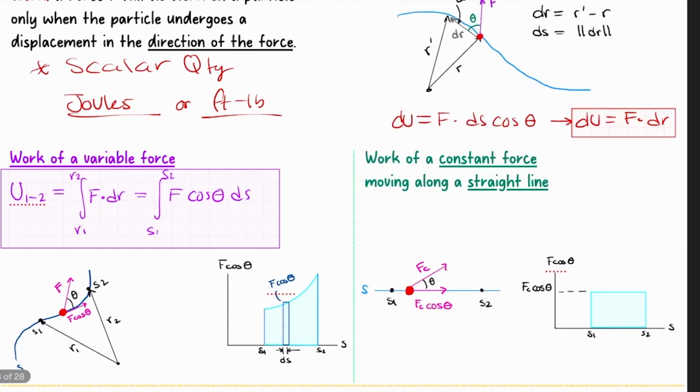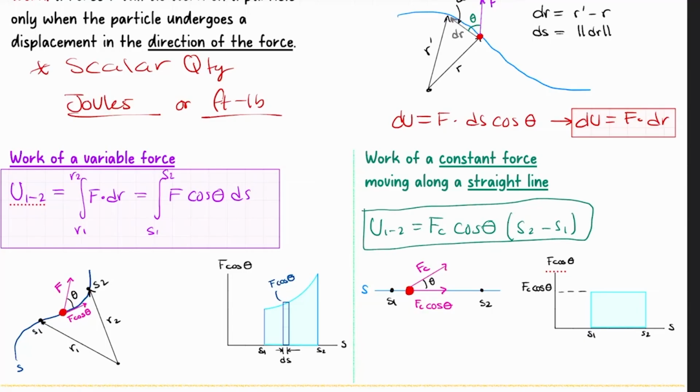Now, if you have a force that is constant, then we can also determine the work. In this case, the work done from state 1 to state 2 equals the constant force times cosine of theta times the change in position from state 1 to state 2. This can be summarized as force times the cosine of the angle where the force is being applied.